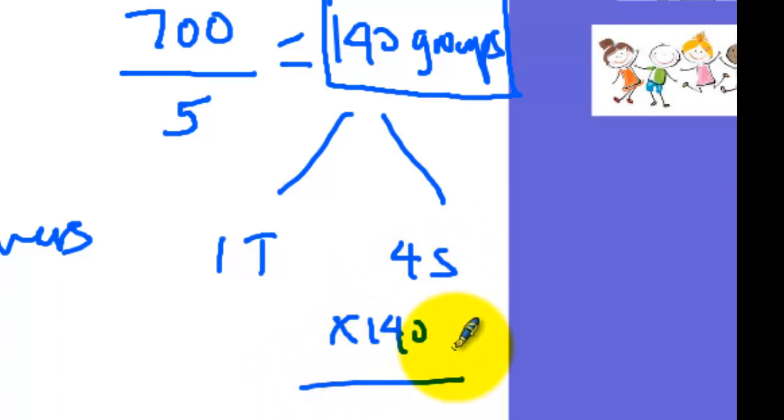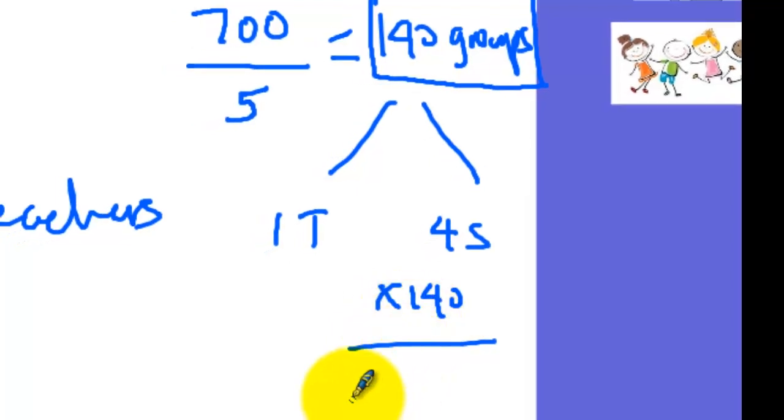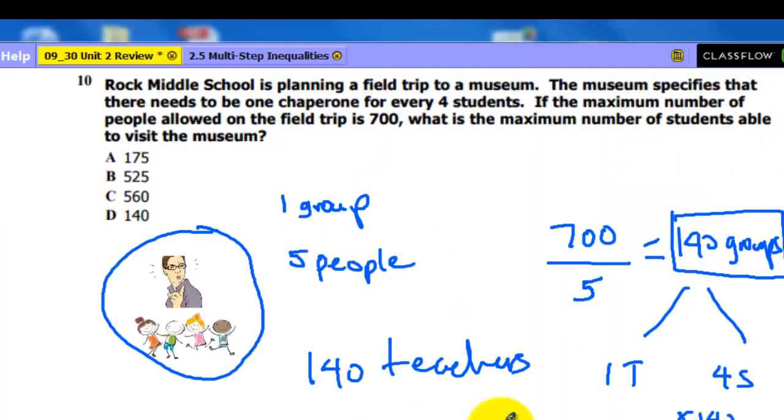So just multiply 4 by 140, you will be getting 560. So the maximum number of students that can come and visit the museum is 560.